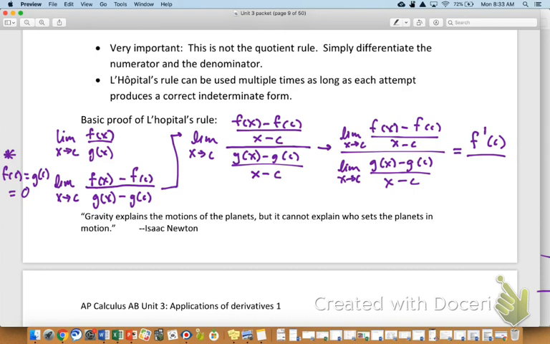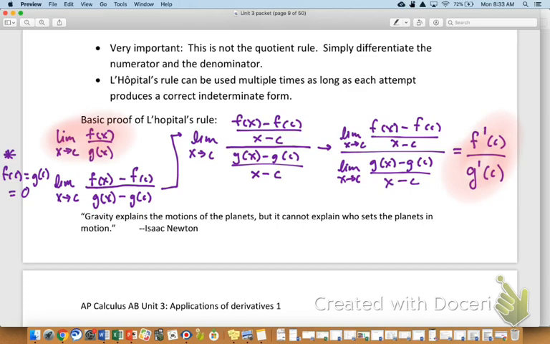Therefore, by the same kind of reasoning, the denominator is g prime of c. Okay? So we started off at the very beginning with this, but somehow we ended up with that equaling the derivative evaluated at c over the other derivative evaluated at c.